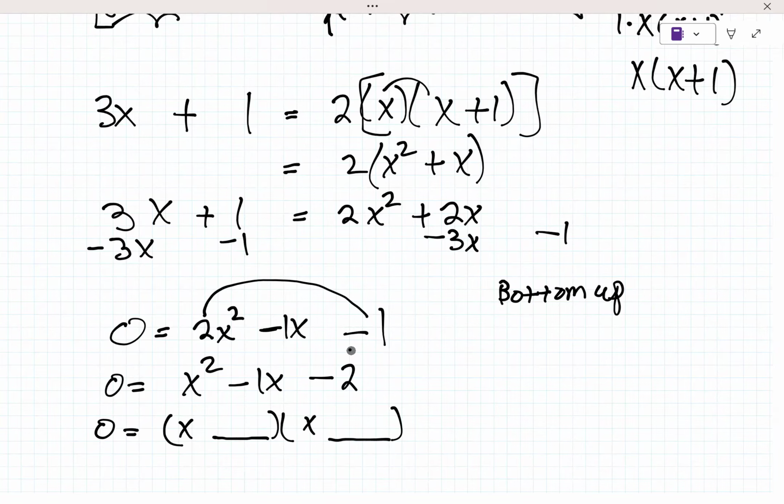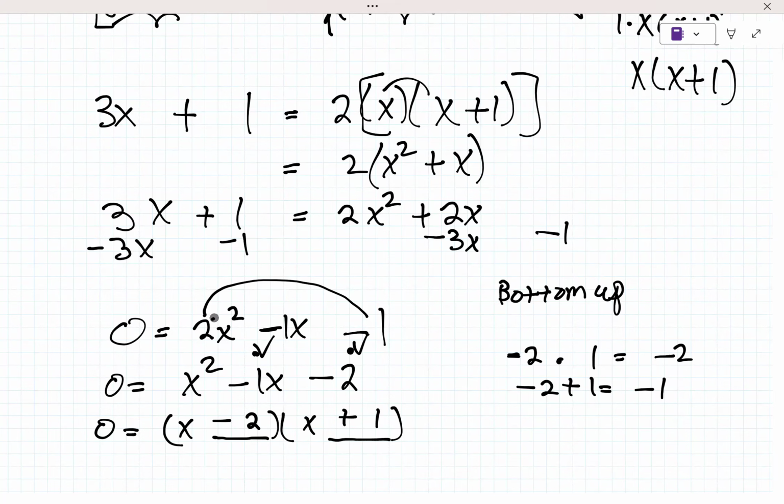What two numbers multiply to negative 2 and give you negative 1? I'll use a negative 2, right? Because negative 2 times 1 is negative 2, and then negative 2 plus 1 is negative 1. See how that works? That's how you check it. So negative 2 and positive 1.